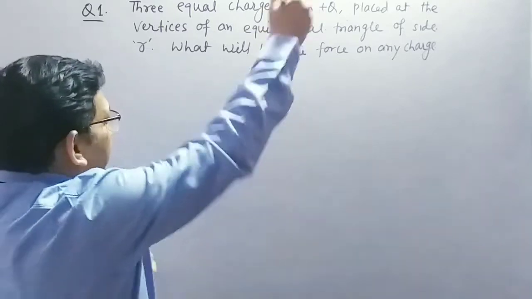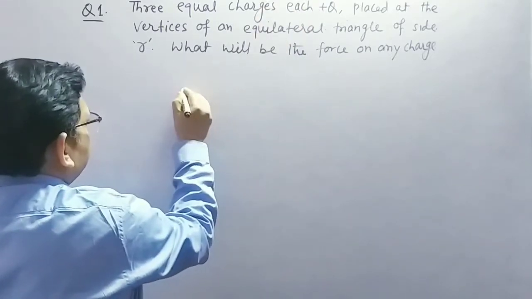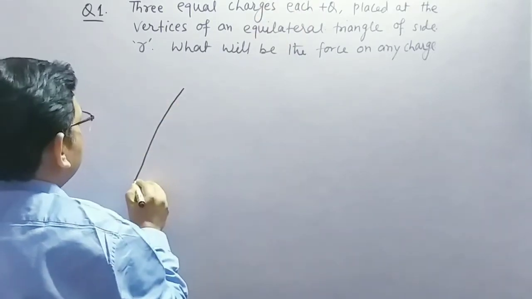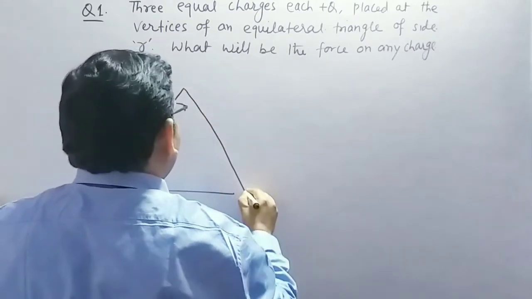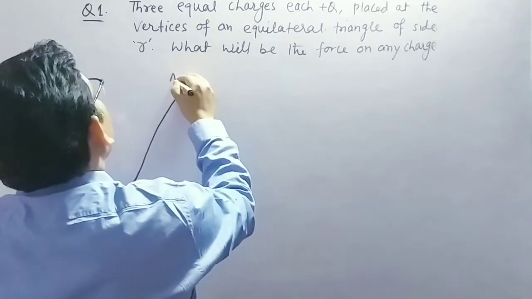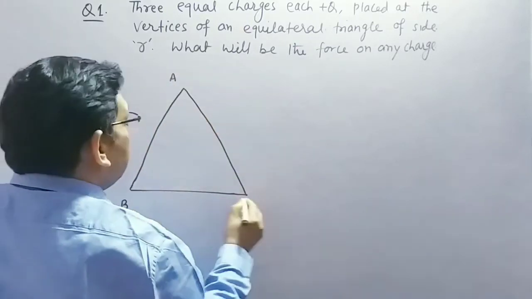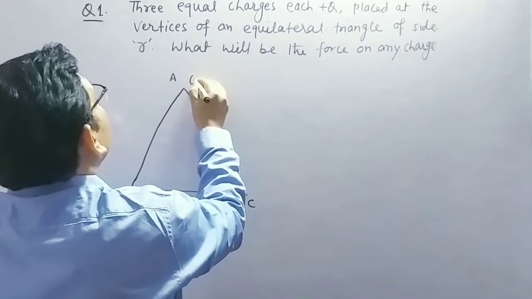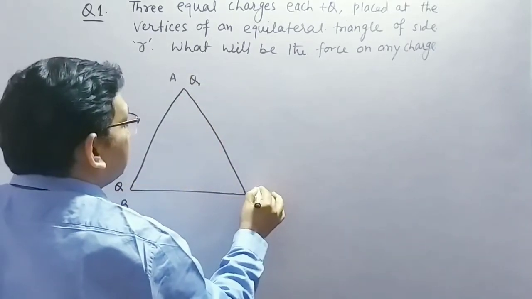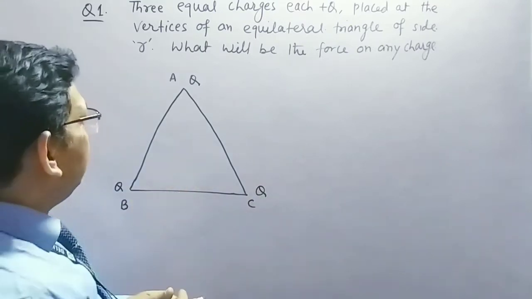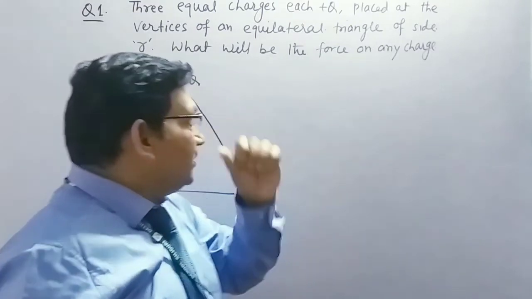So consider three charges at the vertices. Take the points A, B, C. Take the charge plus Q at A, plus Q at B, plus Q at C. So we have to find the force on any one charge.